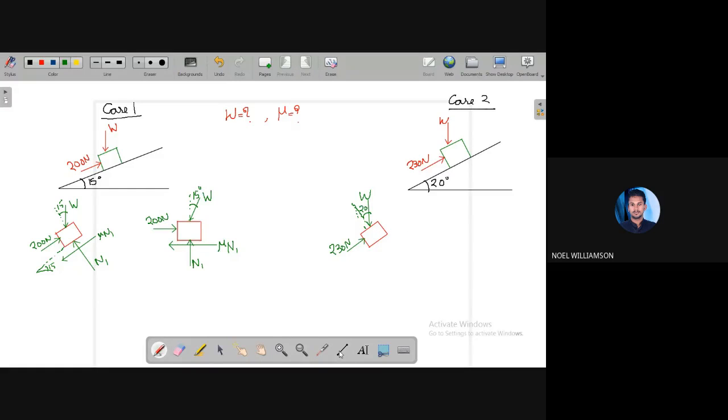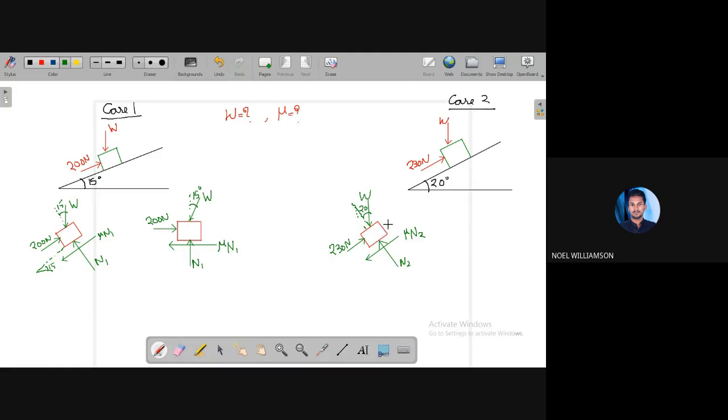Now the normal force, let it be N2, and this body is also moving in the upward direction, so the frictional force will be in the opposite direction, in this particular direction, and its value will be equal to mu into the normal, that is N2.